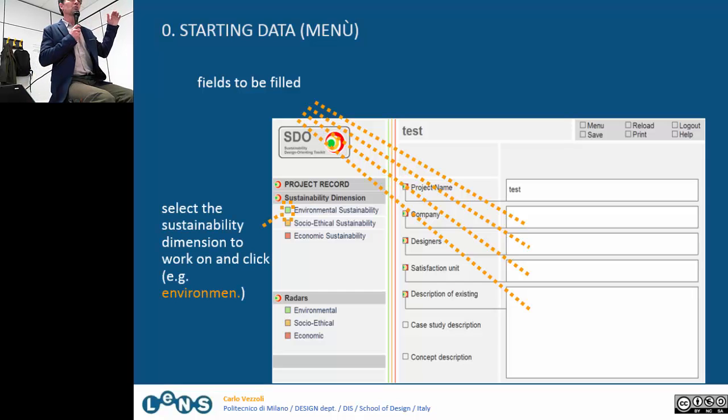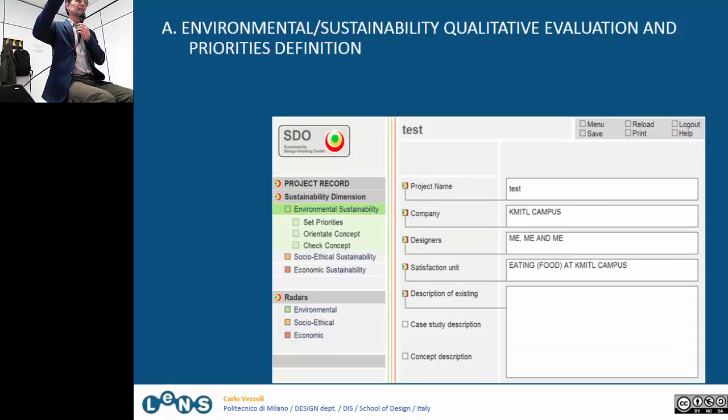But then actually you go to decide on which of the sustainability dimensions you are going to work. For example, here for the environmental sustainability, so you click on environmental sustainability. And there inside you will find a structure which is similar for the environmental, socio-ethical, and economic sustainability, if that is one of the tools that we have online, or the one that you are using.